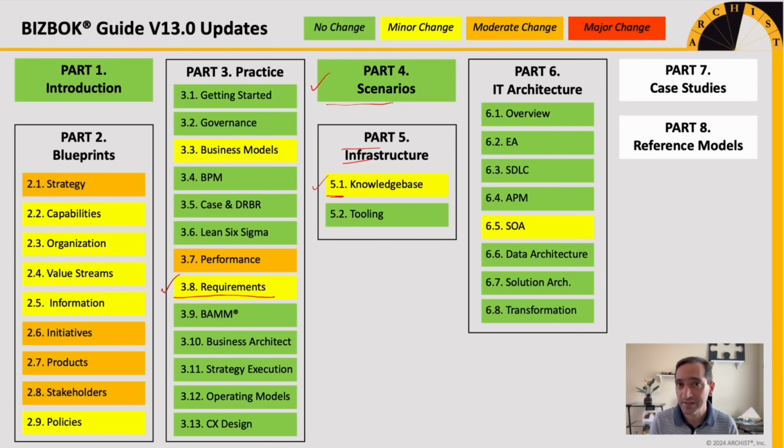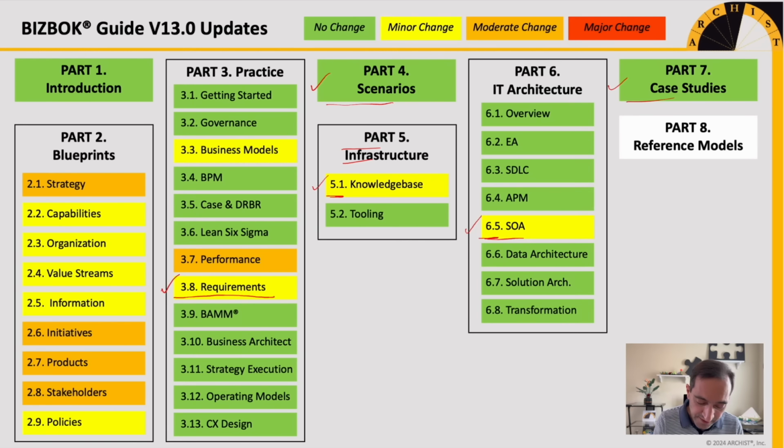Overall there haven't been changes other than section 6.5 or SOA, which is just a minor change, and there is a benefit that's been added under this section, to put more emphasis on the fact that when we leverage business object-based capabilities to define the services in the SOA environment, we have a much better alignment with the business strategies, the goals and objectives, and how we actually leverage business architecture to identify the services in our service-oriented architecture environment.